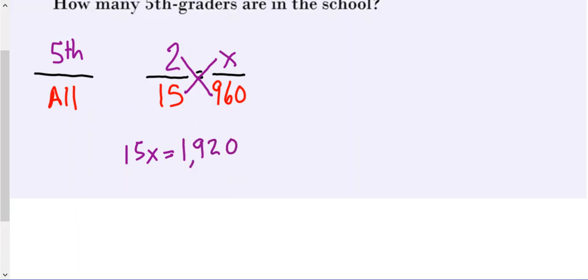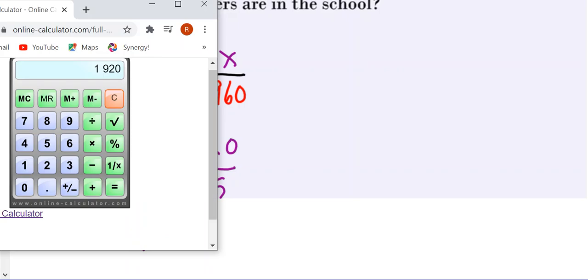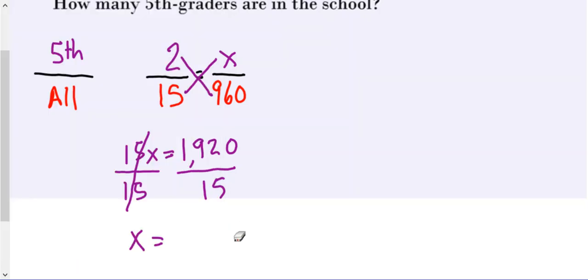And now we can divide to isolate the variable, so divide by 15, cancel out here, we get x equals 1,920 divided by 15, and we get 128.